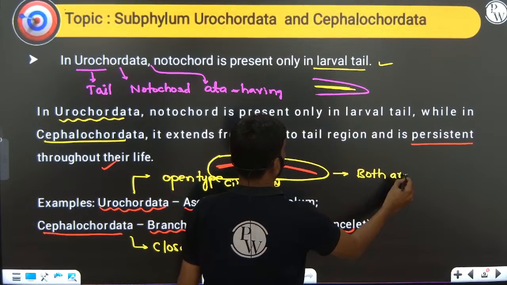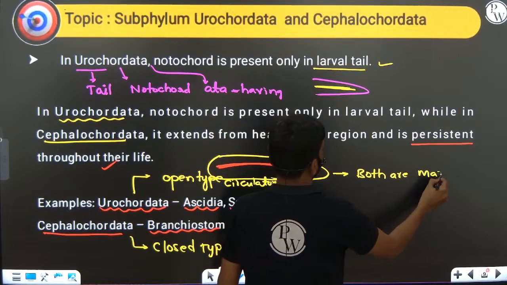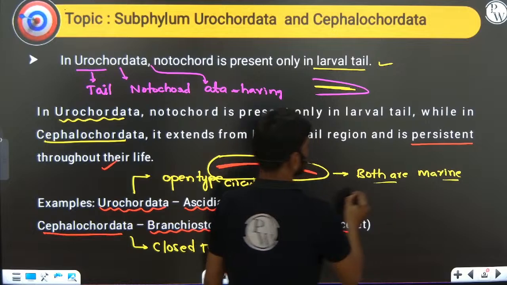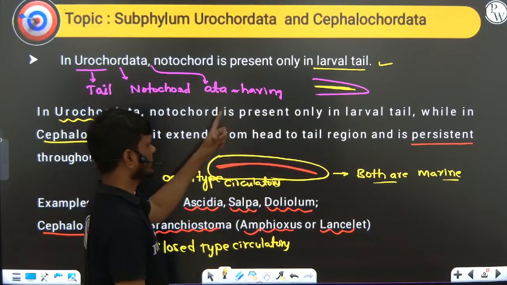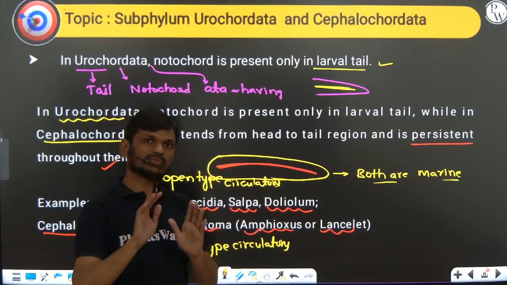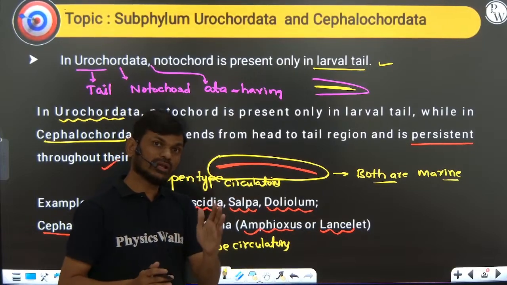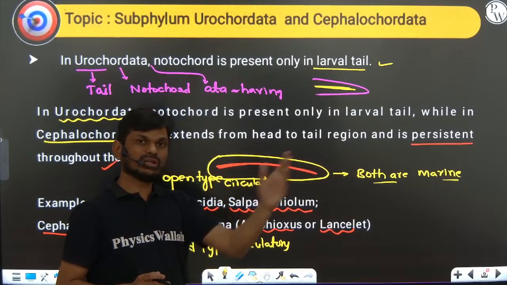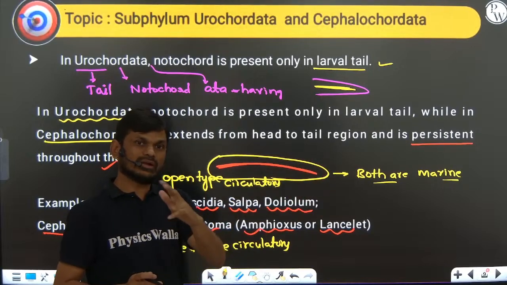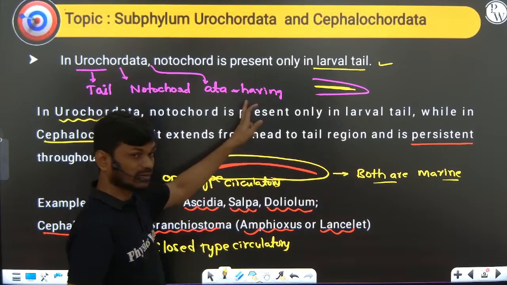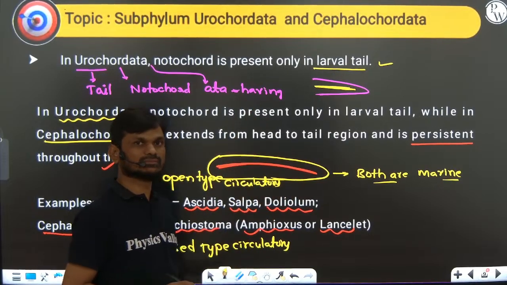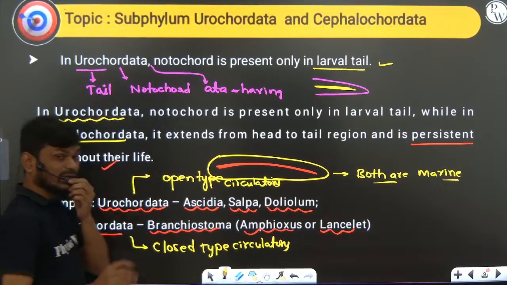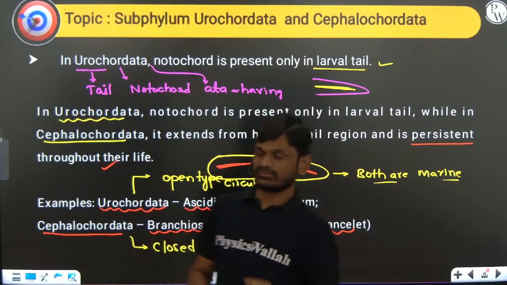This is very, very important. Both are marine habitat and both have a notochord, but in Urochordata only in the larval form, while in Cephalochordata it is throughout life from head to tail. I hope you understood this concept. It is very, very important.